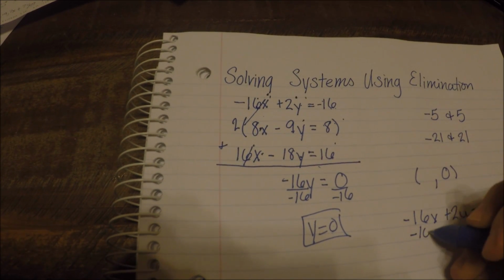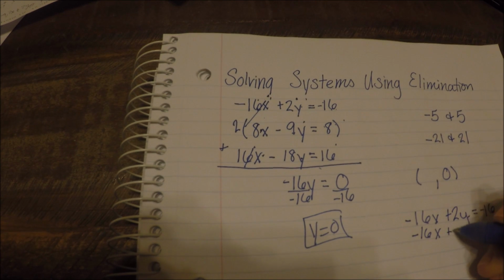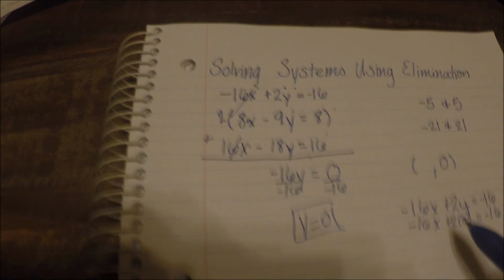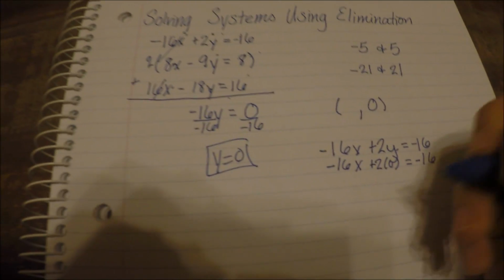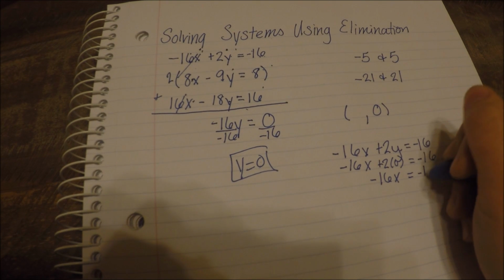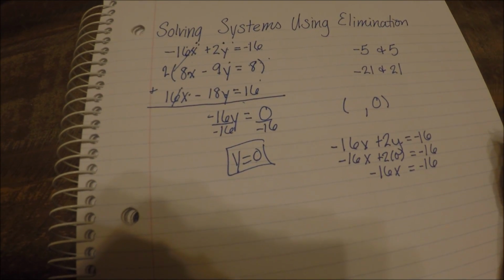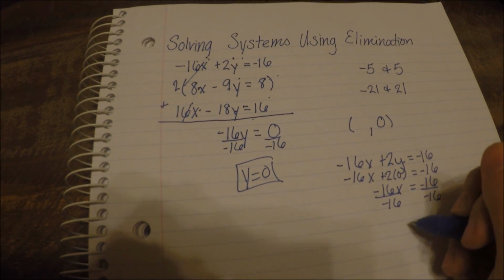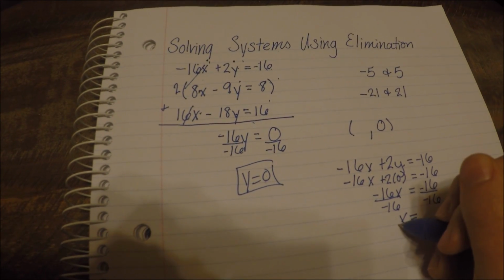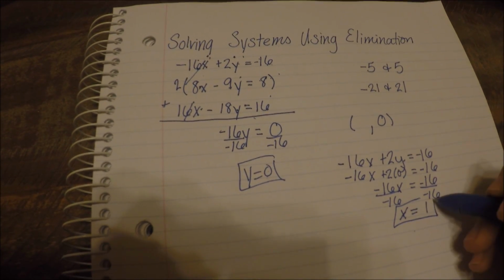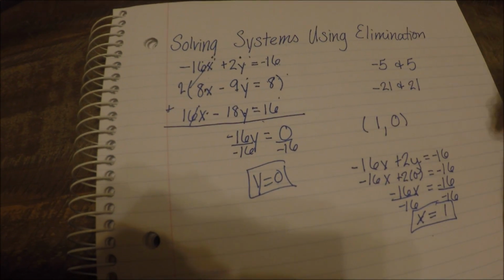So negative 16x plus 2 times 0 equals negative 16. 2 times 0 is 0, so we have negative 16x equals negative 16. Divide by negative 16 to get x by itself, and x equals 1. So this would give me a coordinate point of 1, 0.